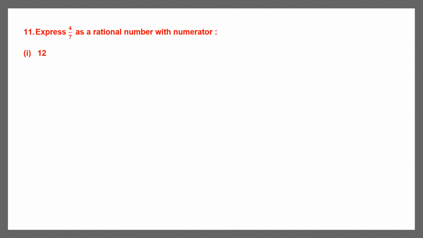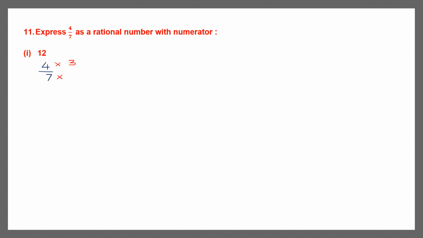Question 11. Express 4 by 7 as a rational number with numerator 12. This time our numerator has to be changed to 12. So let's write down the fraction 4 by 7. Now the numerator has to change to 12. That means I have to multiply my numerator by 3 because 4 threes are 12.